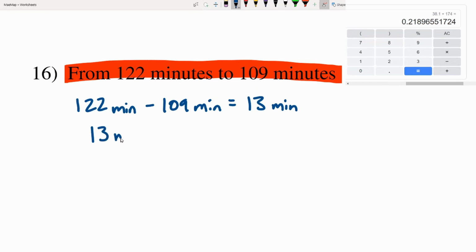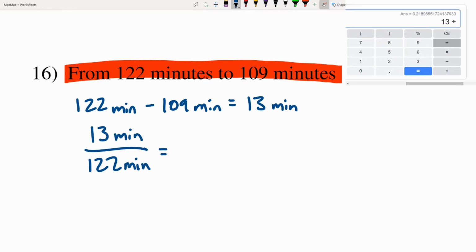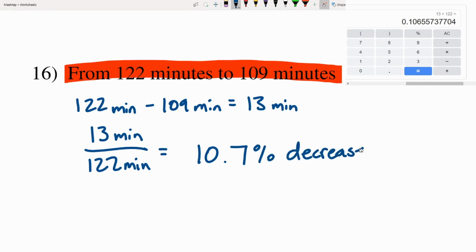And that change of 13 minutes over our starting value of 122 minutes will give us that percent change. So we'll do 13 divided by 122 to get about 10.7%. So 10.7%, and that's a decrease.